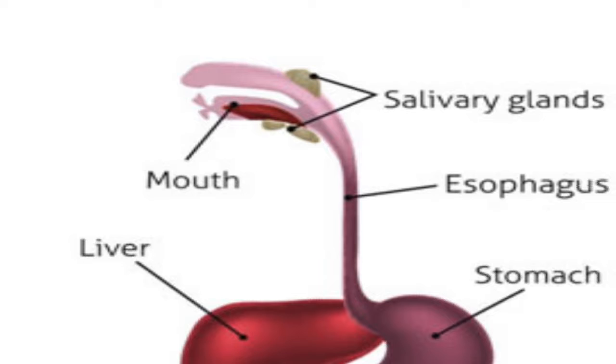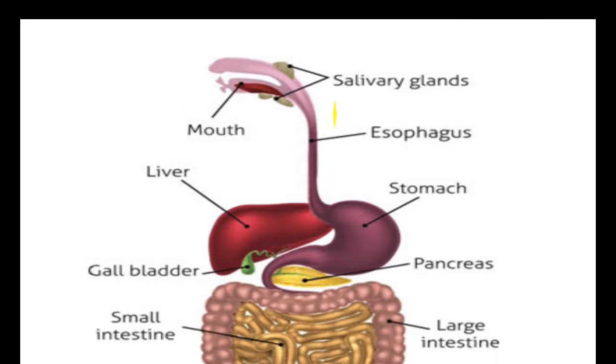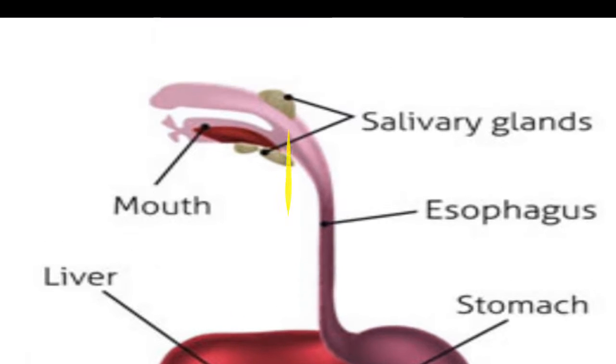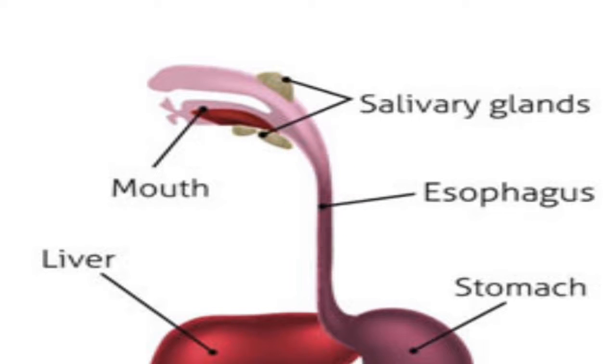Now, when carbohydrate, fat and protein are entering our mouth or buccal cavity, you can see here three greenish parts indicated in the buccal cavity. These are the salivary glands. These three salivary glands secrete saliva, and in this saliva there is an enzyme called salivary amylase or ptyalin.